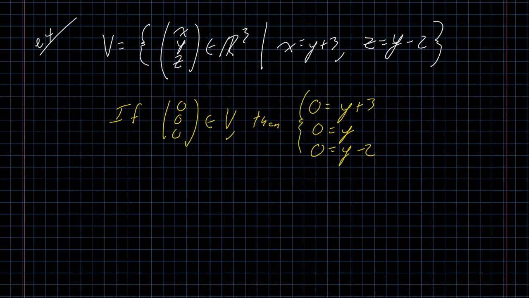If the zero vector were in this vector space, then it would be the case that 0 is equal to y plus 3, 0 is equal to y, and 0 is equal to y minus 2, which means that y is equal to negative 3, 0, and 2 simultaneously.